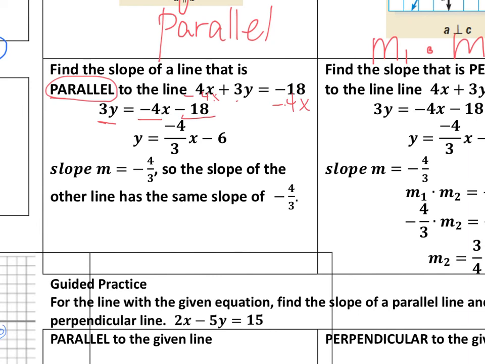And then I need to divide by 3 on both sides of the equation to get y equals -4/3 x minus 6. For this linear equation, the slope is -4/3. By definition, in order for a line to be parallel to another line, the other line has to have the same slope. So the answer will also be -4/3.